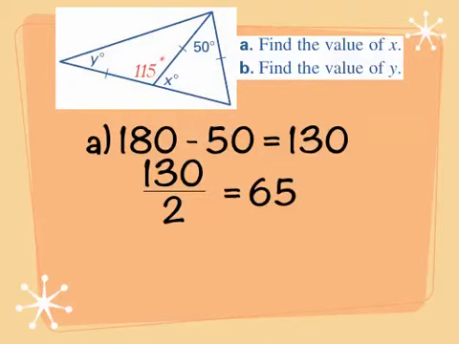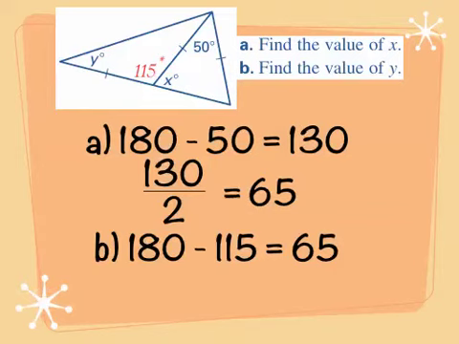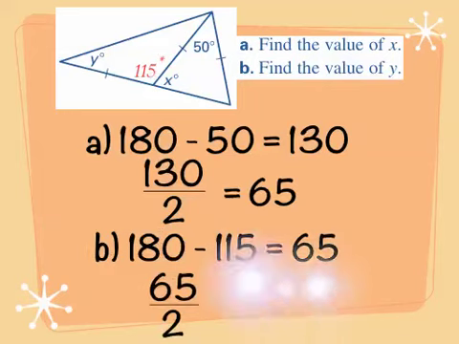Then I can do the same thing that I did to find angle x. I can take 180 minus 115, which is 65, which means that the two congruent angles have a sum of 65. So I need to do 65 divided by 2, which gives me 32.5 degrees for y.